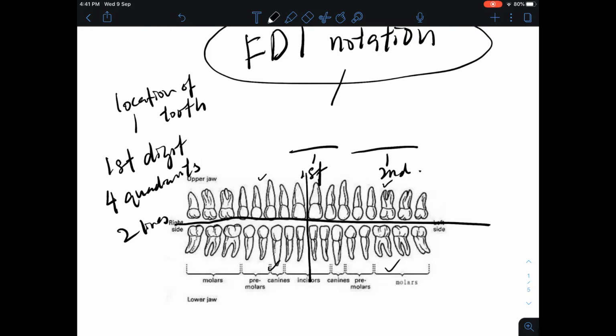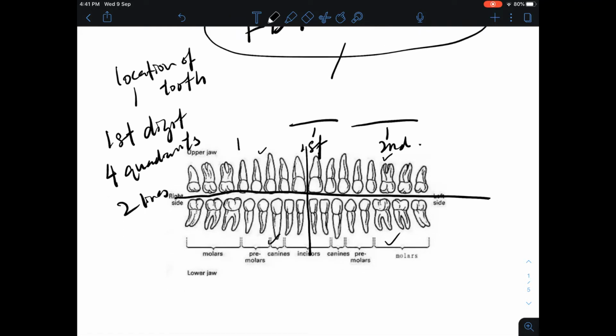So the first quadrant is the upper right, the upper left is the second quadrant, the lower left is the third quadrant, and the lower right is the fourth quadrant, which means the first digit of the FDI notation is always 1 to 4.